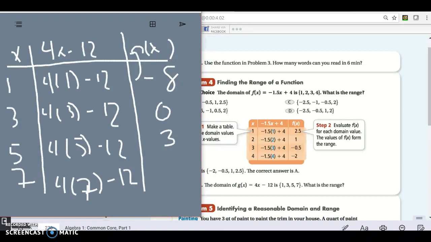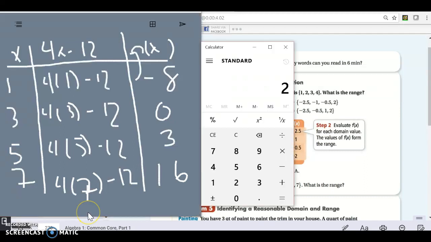So 4 times 7 is 28, and 28 minus 12 is, let's see, 16, I believe. Let me pull up my calculator just to be sure. All right, 28 minus 12 is 16.